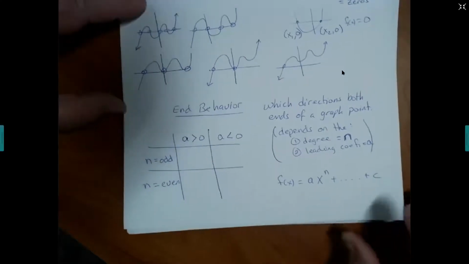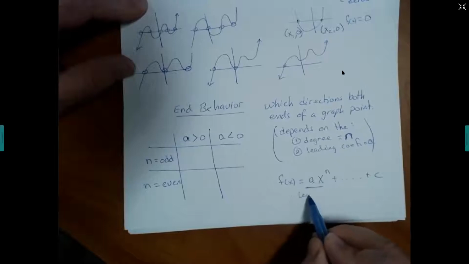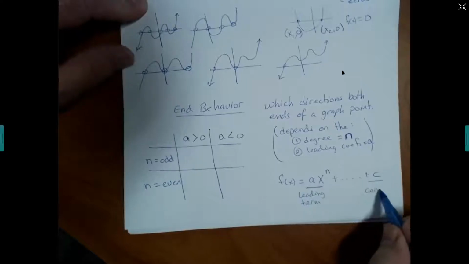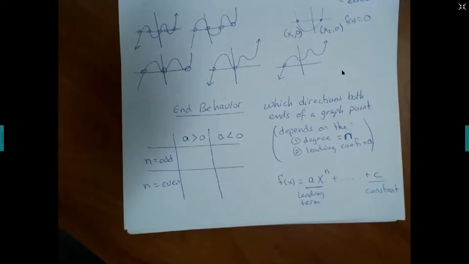No matter how big your polynomial is, the leading term and the constant tell us a good bit of information about how the graph is pointing, and where it crosses the y-axis.